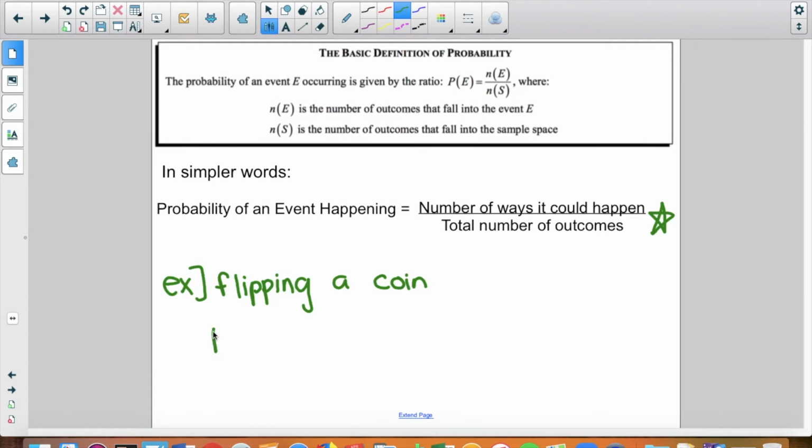If we want the probability of flipping heads, that would be the number of ways it can happen. There's only one way you can flip heads, and the total number of outcomes is 2 because you can have heads or tails. So that would be an example of using this definition.